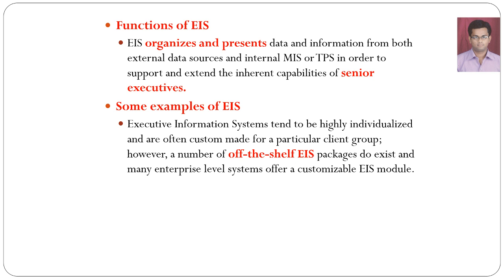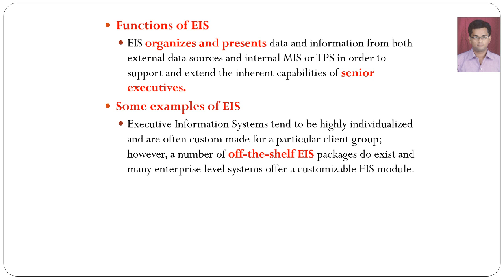Functions of EIS are a bit easy, and these are: EIS organizes and presents data and information from both internal and external data sources and internal MIS or TPS in order to support and extend the inherent capabilities of senior executives.